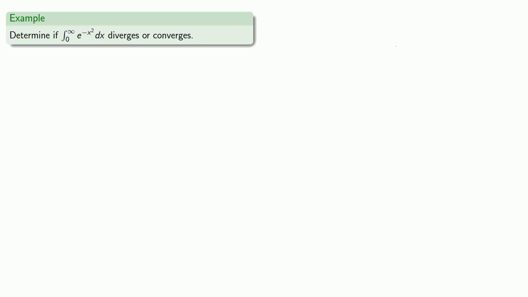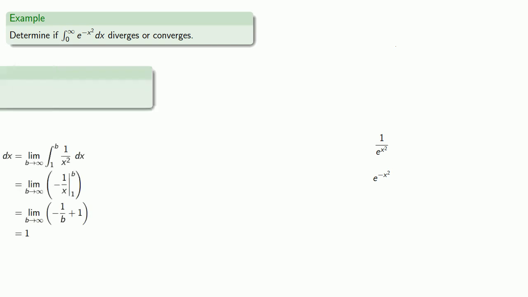However, in order to gain some insight, we might proceed as follows. e to minus x squared is really 1 over e to the x squared. So one possible comparison function is 1 over something. Now we've determined the integral from 1 to infinity of 1 over x squared converges.